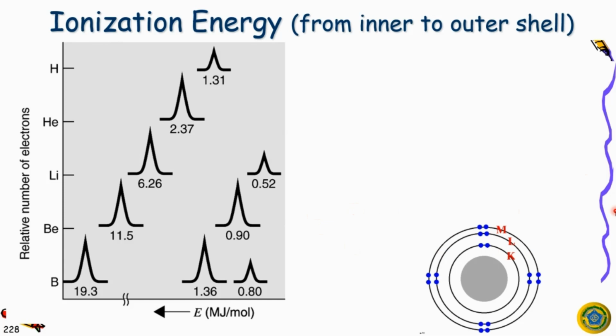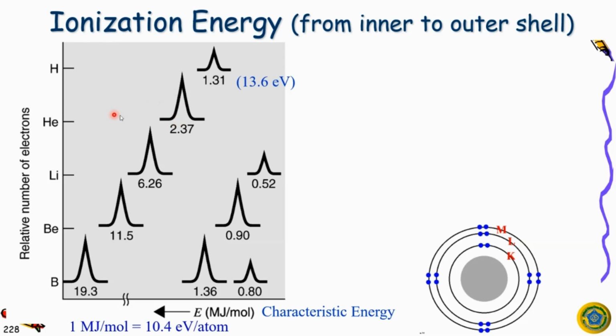Okay. So the unit of this is megajoule per mole. So this is 13.6 electron volt, 1 electron, as you know. This is according to the Bohr atomic model. And helium has 2 electrons, right?